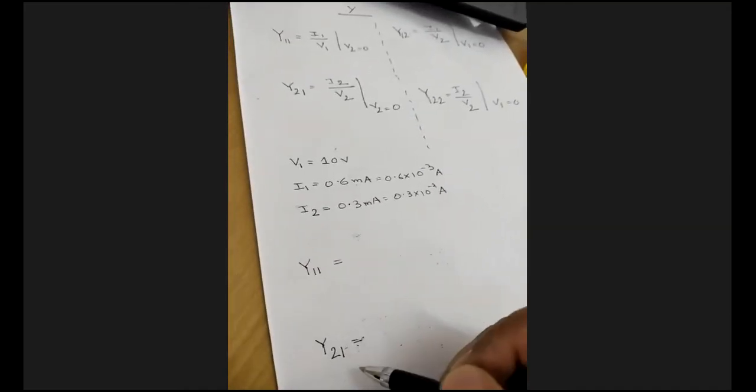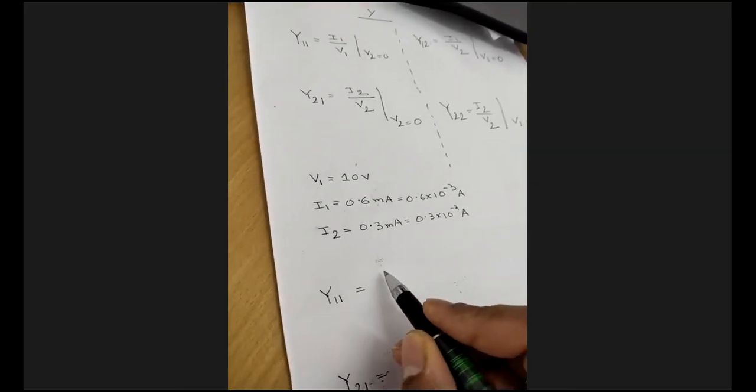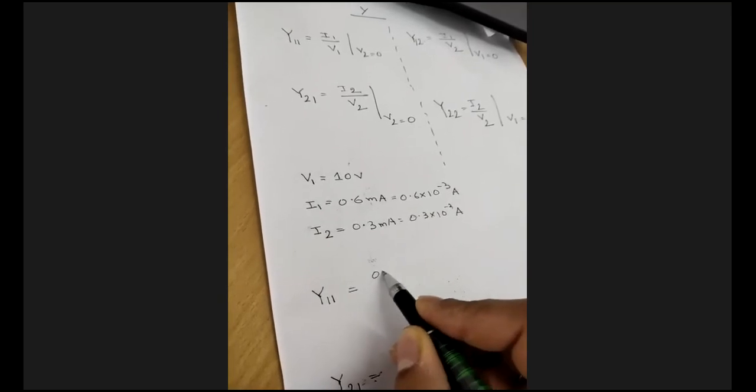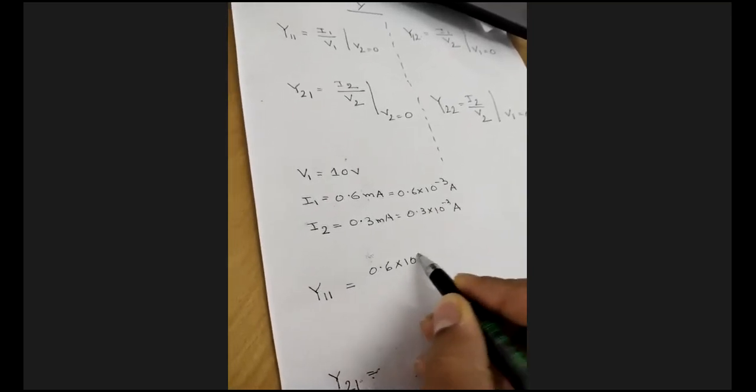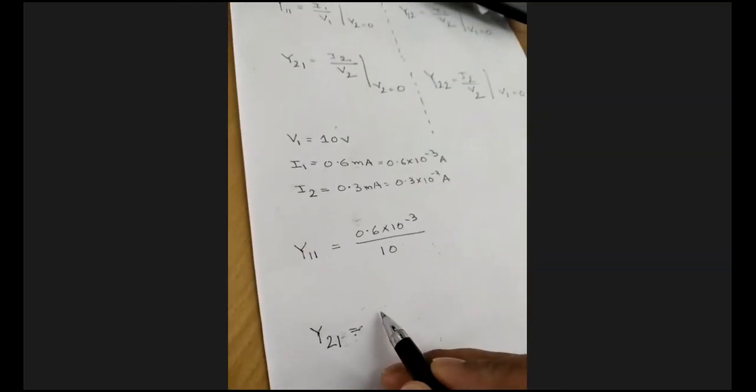y11 and y21. y11 is equal to I1 by V1. I1 is 0.6 into 10 to the power minus 3, and the value of V1 is 10. And what is the value of y21?